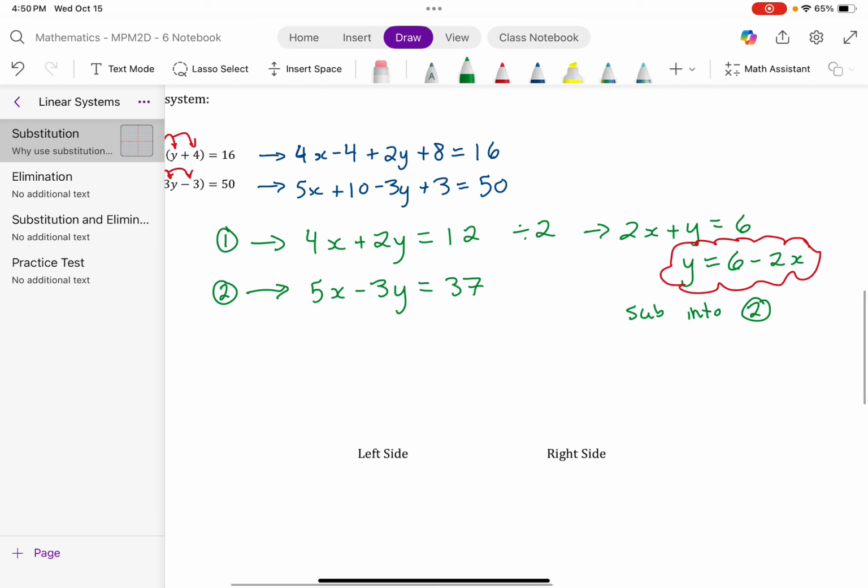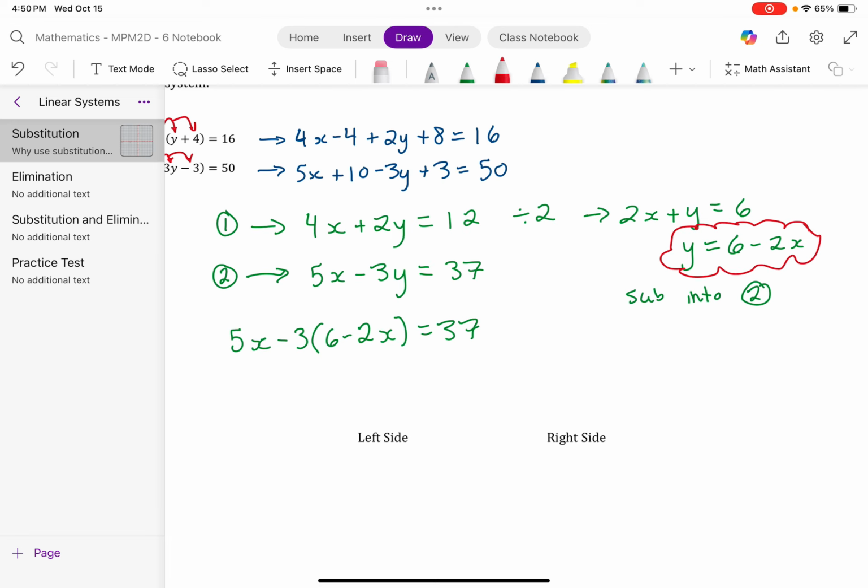Wherever we see a y, we sub in 6 minus 2x. So we get 5x minus 3 times (6 minus 2x) is equal to 37.